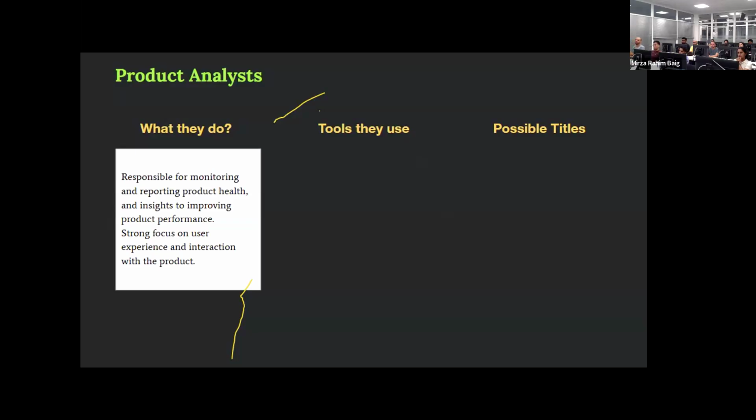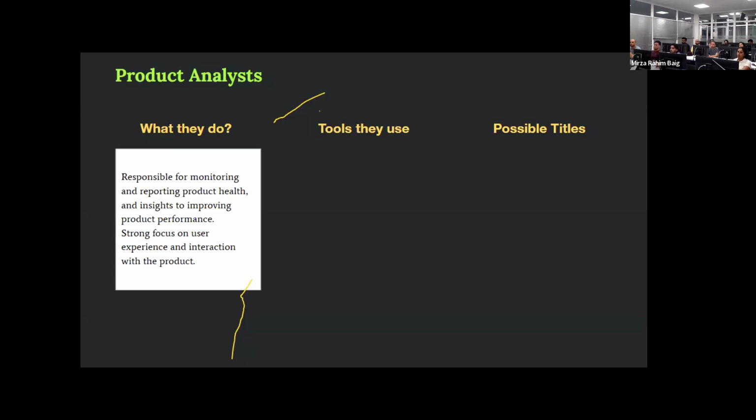But anyway, product analysts look at the product itself, I mean, the app or the website or whatever it is. They look at the performance of it, how people are interacting with it, right? So there's a strong focus on user experience and interaction with the product.